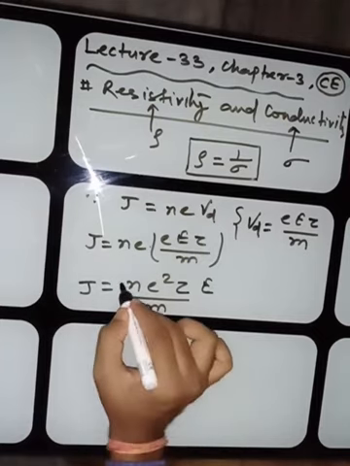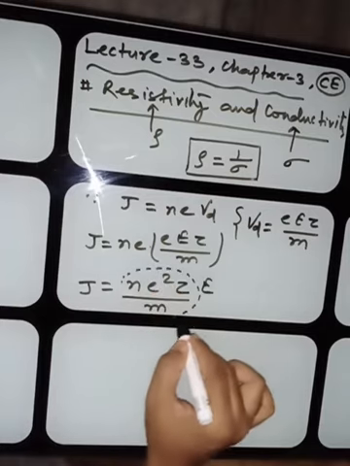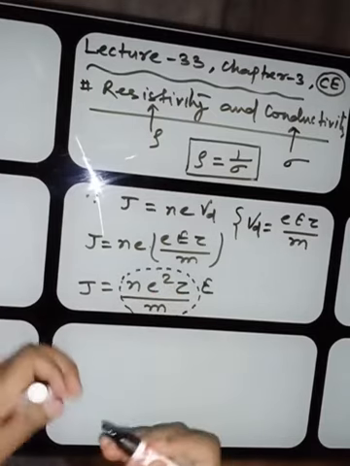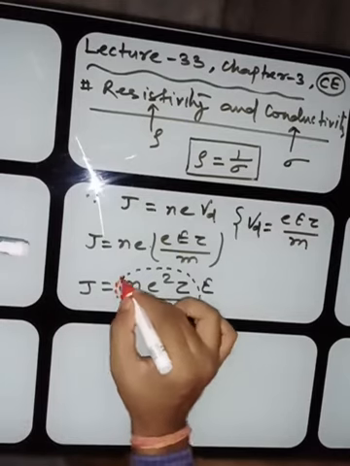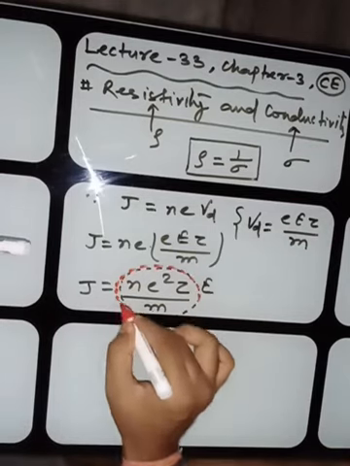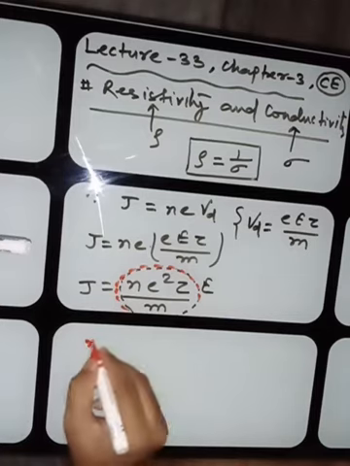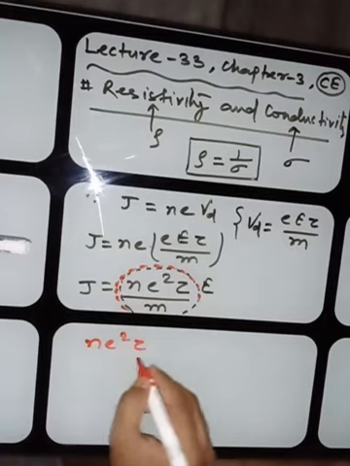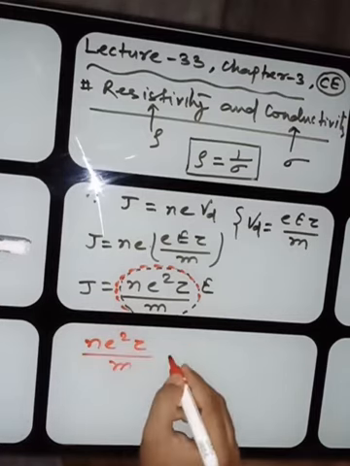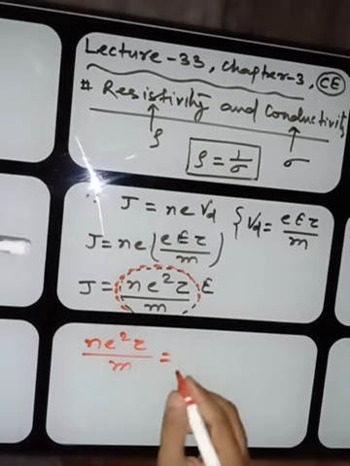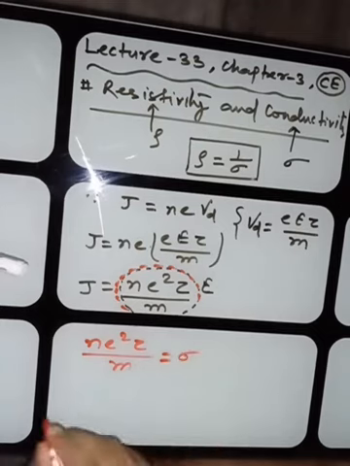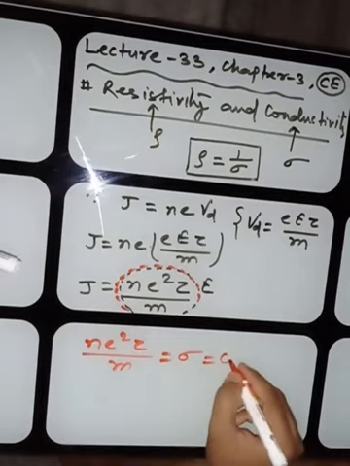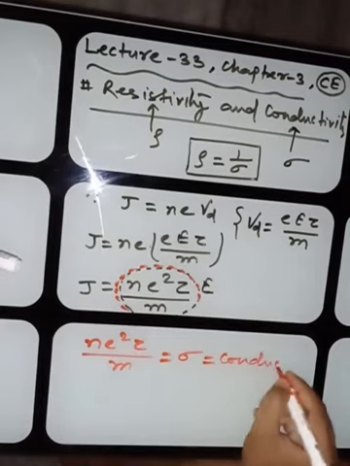This particular quantity, n e square tau by m, is called the conductivity, which is sigma. This is the conductivity.